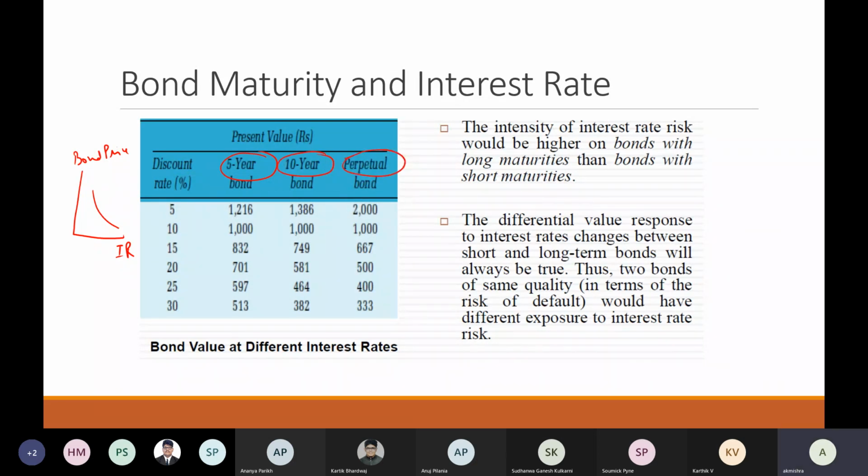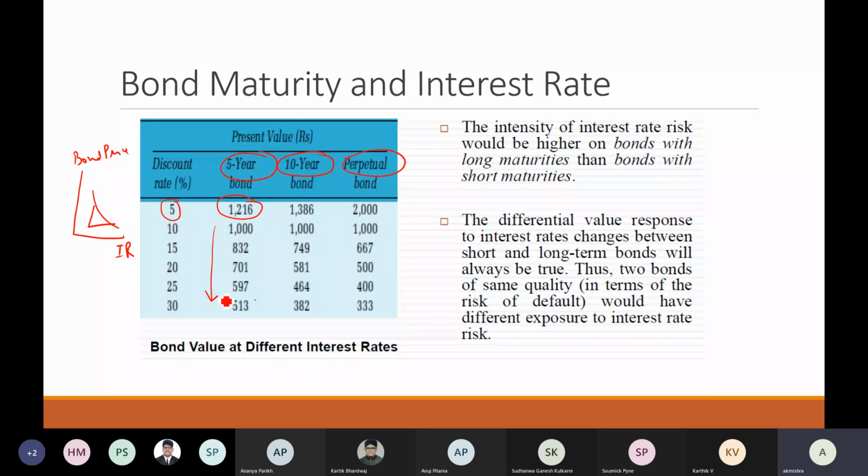So based on maturity, the slope of this curve will be decided. For example, when discount rate is 5%, for 5-year maturity, this is the value, and when your discount rate is increasing, this is how your value will change.